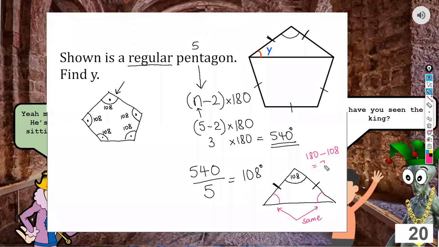And when we do that, we will get 72 degrees. But 72 is the sum of both of them together, the remainder. To get the value of each one of them, we have to take the 72 and divide it by 2, which gives me 36 degrees.